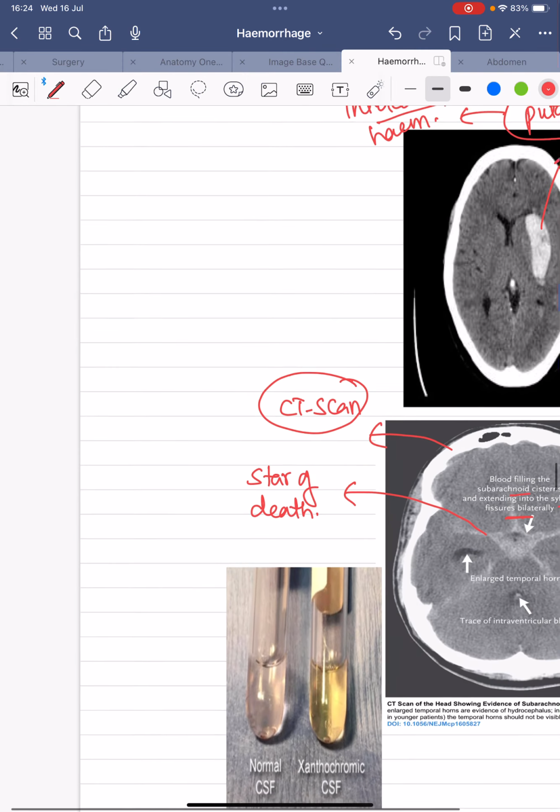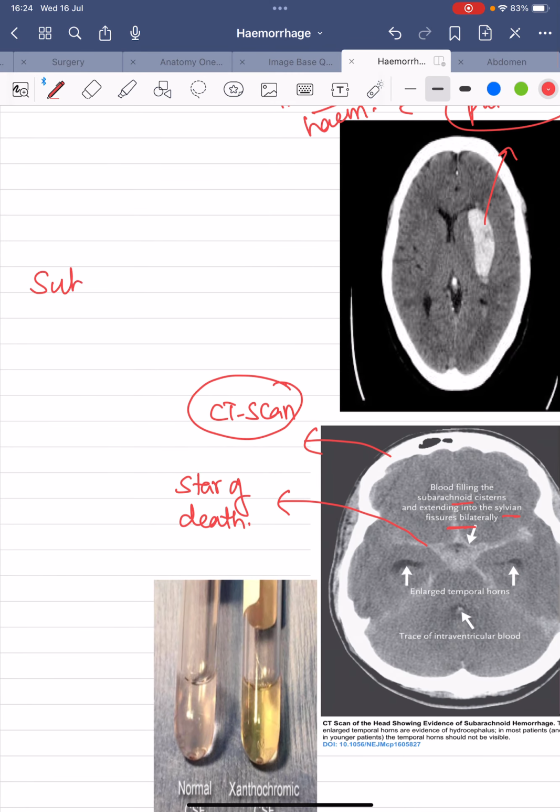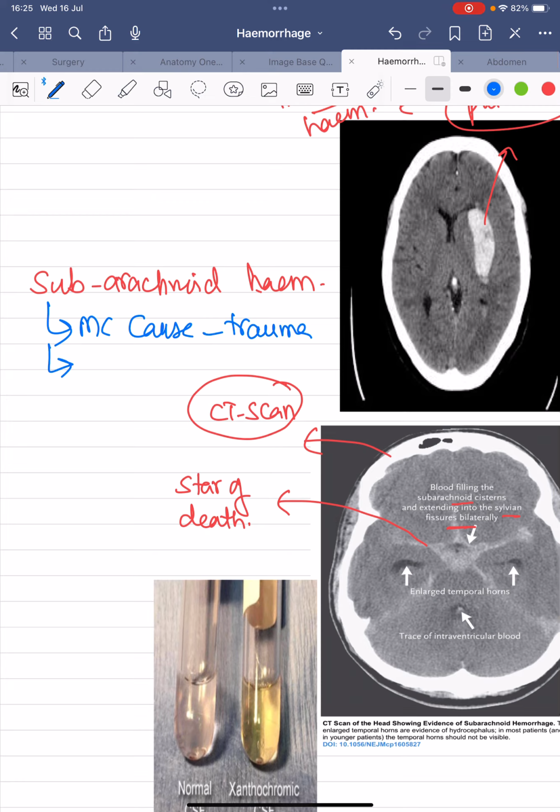Subarachnoid hemorrhage. So what are the important points of subarachnoid hemorrhage? Please remember, most common cause is trauma, and second most common cause is your what? Rupture of your berry aneurysm in the circle of Willis.